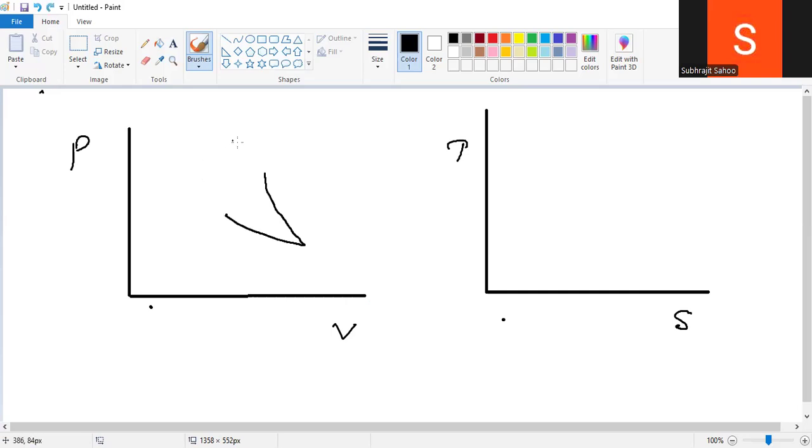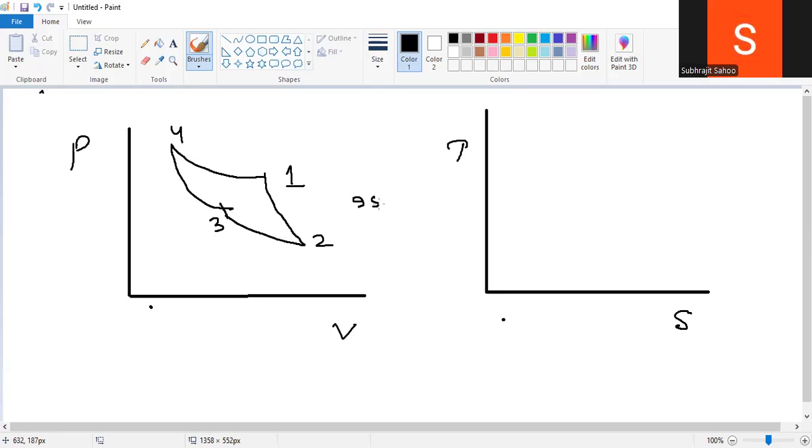Okay. Very good. This is 1, this is 2, this is 3, and this is 4. Okay. 1 to 2, this is isentropic process.